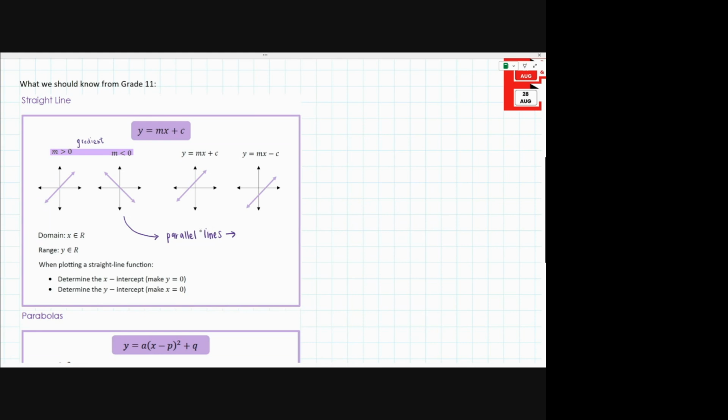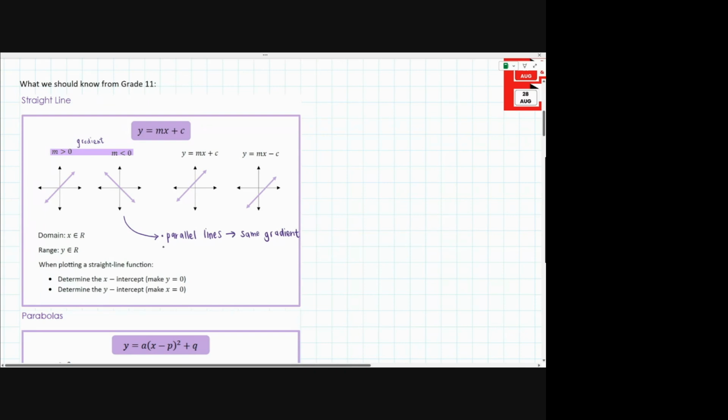Nice, well done. Good. So parallel lines have the same gradient or equal gradients. So if you are asked to determine the equation of a line parallel to another, if you have the gradient of your first line, you automatically have the gradient of your second line. Right, so that's parallel lines.